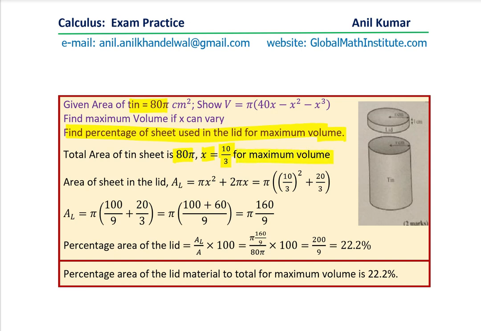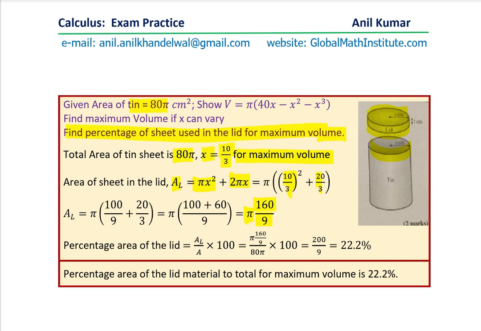So we can substitute this value to find the area of the lid, right? So which means a circular surface and this strip which fits. So it is pi x squared for the circle, 2 pi x for the strip, 1 centimeter, which covers the container. So when you substitute 10 over 3, you can calculate the lid area, which comes out to be 160 by 9 pi.